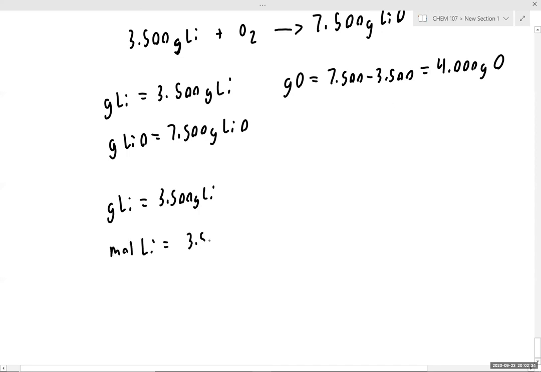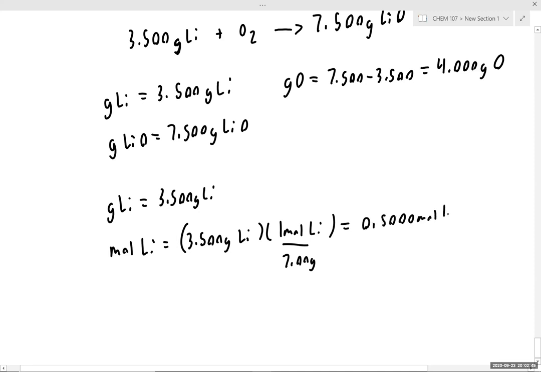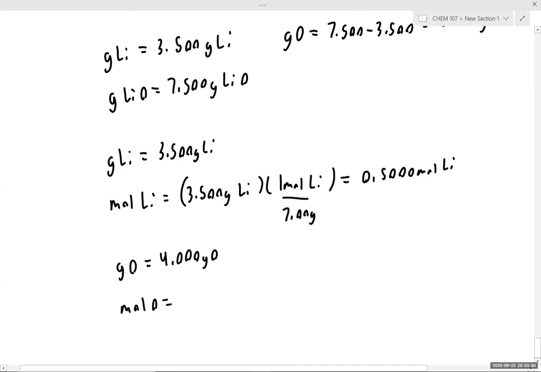Just like before, from our grams of lithium, we can calculate in turn the moles of lithium. So if we have 3.500 grams of lithium, in 1 mole of lithium, we have 7.000 grams, which gives us 0.5000 moles of lithium. For our grams of oxygen, if we have 4.000 grams of oxygen, we can figure out the moles of oxygen as 4.000 grams of oxygen times 1 mole of oxygen over 16.00 grams.